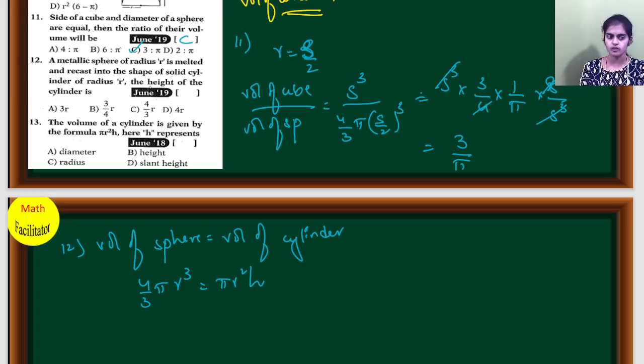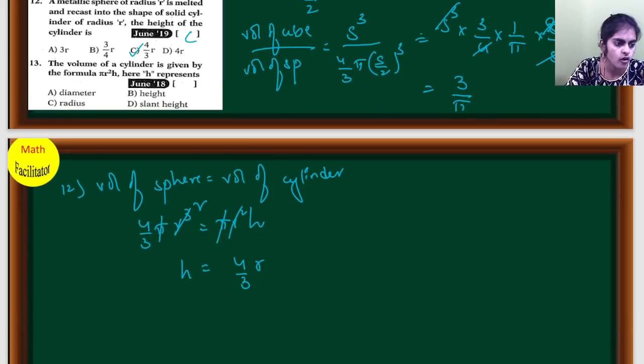Radius of the sphere is also r, radius of the cylinder is also r. So I can write r square and yeah, 1 r will get cancelled and pi will get cancelled. So h will be how much? It will be 4 by 3 r. The formula of a cylinder is given by volume pi r square h. h represents height of the cylinder. Direct question.